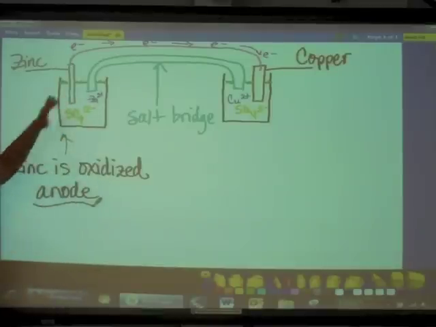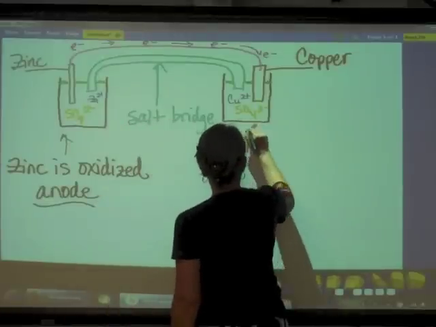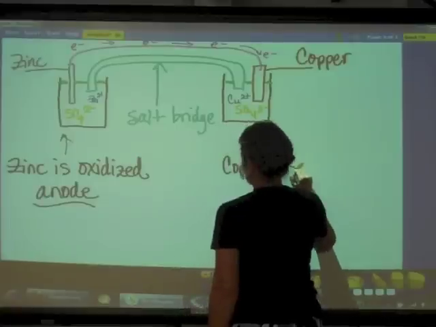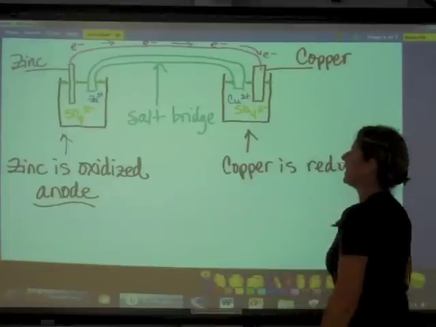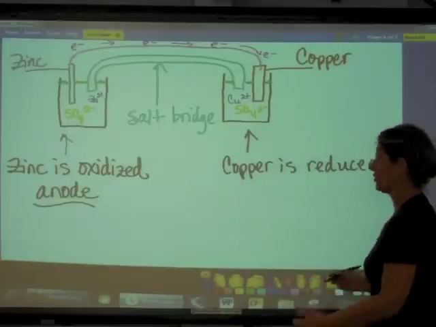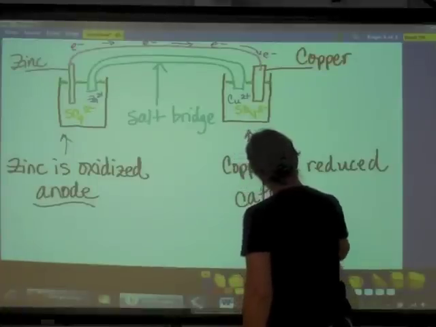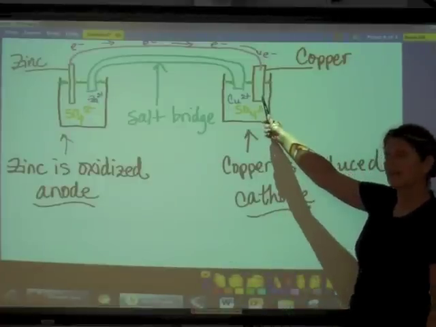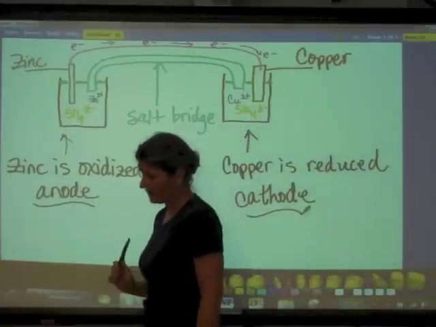So oxidation happens at the anode. Copper is reduced, and we say that the reduction occurs at the cathode. So this is the cathode, this is the anode.